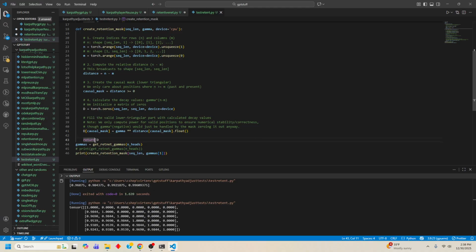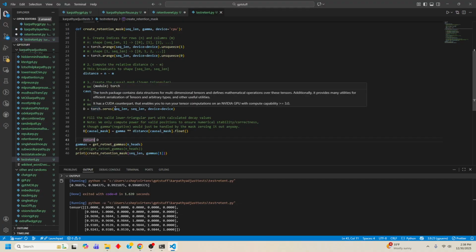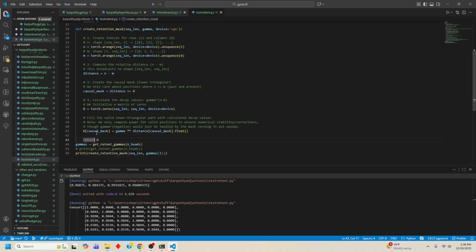And then you return D. So D starts as a bunch of zeros, and anything where m is less than n, it will fill in this lower triangle with gamma, a different gamma for each head, but gamma to the power of distance.